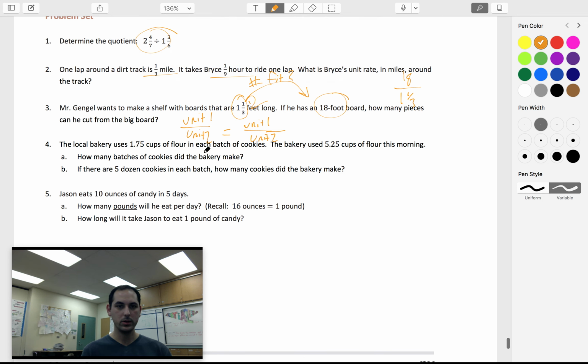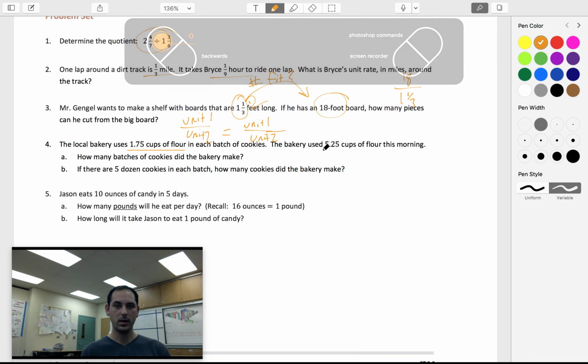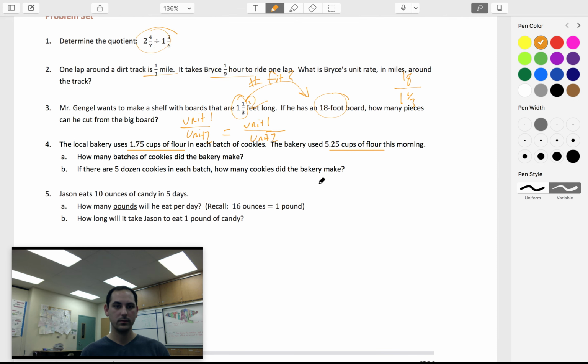The local bakery uses 1.75 cups of flour in each batch of cookies. The bakery used 5.25 cups of flour this morning. How many batches of cookies did the bakery make? If there are 5 dozen cookies in each batch, how many cookies did the bakery make? Okay, this is a very similar problem to the one we did with the mom. Has cups of flour, and she has 5.25 in each batch.